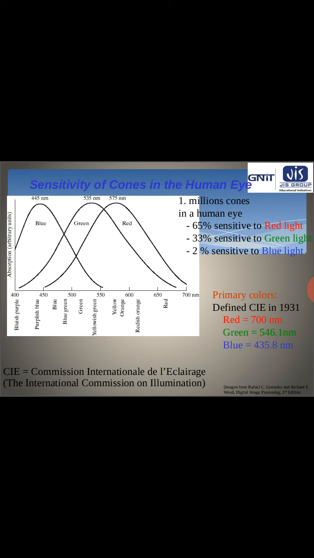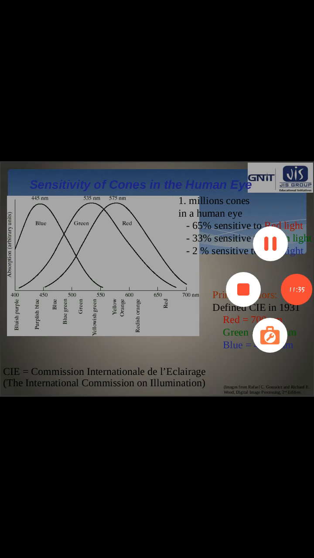So here we can see the primary colors defined by CIE in 1931: red equals 700 nanometer, green equals 546.1 nanometer, and blue equals 435.8 nanometer. So this is the sensitivity of cones in human eyes.